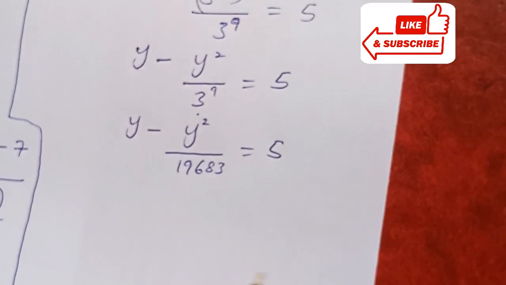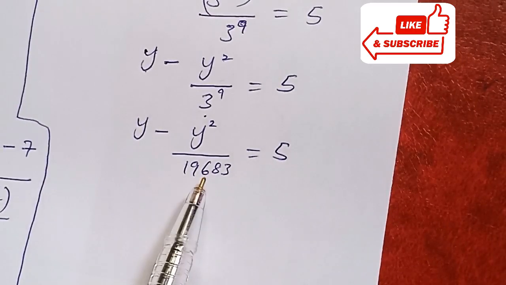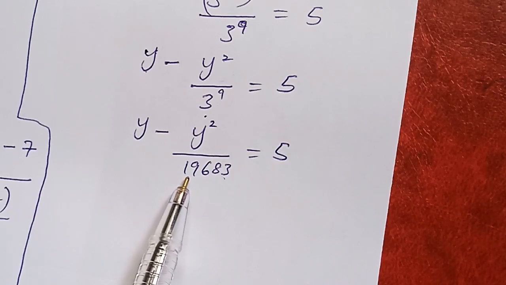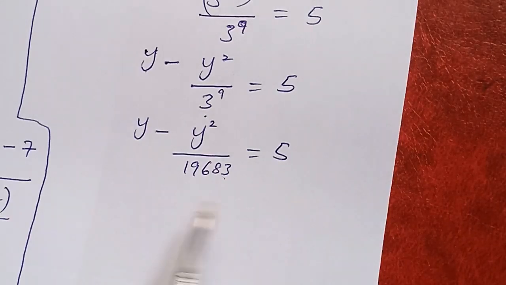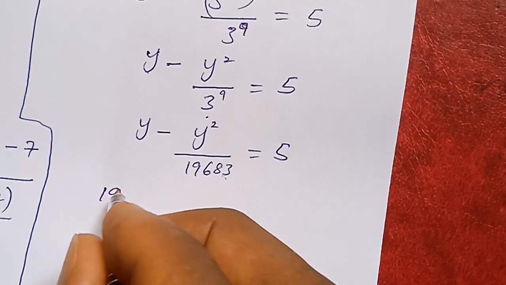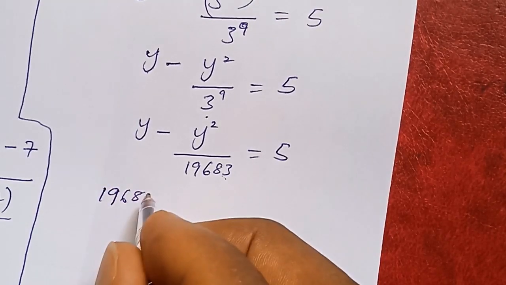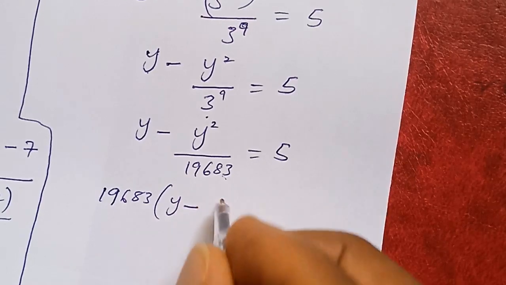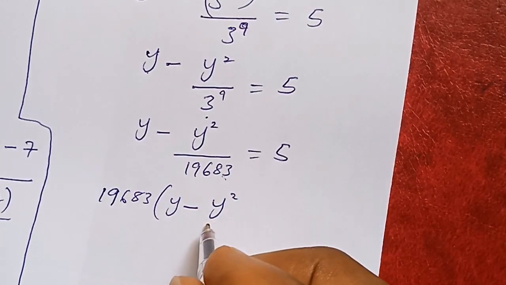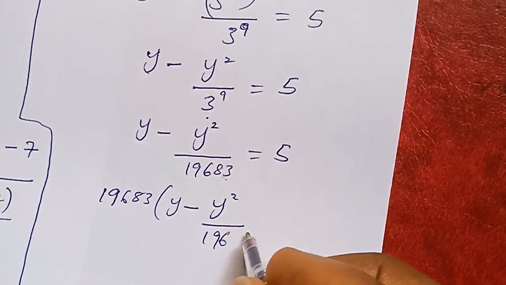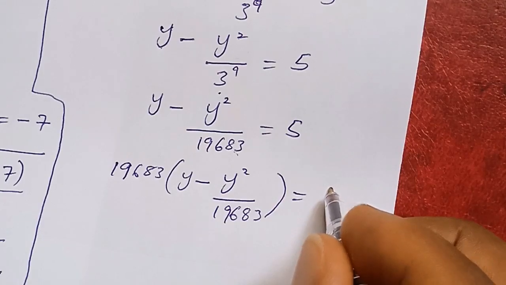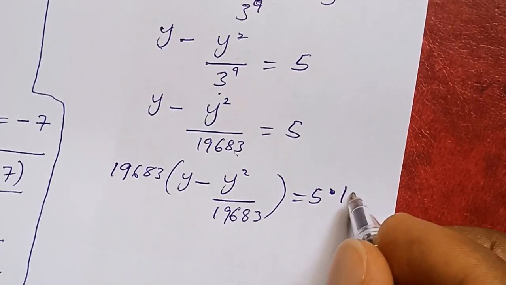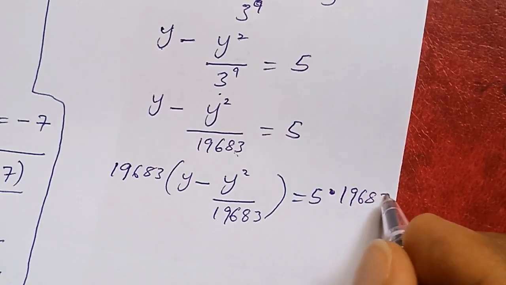So from here we can manipulate this expression. We have to multiply 19,683 by both sides in order to eliminate the 1 over here. So we have 19,683 multiplied by y minus y squared over 19,683 into bracket equals 5 multiplied by 19,683.